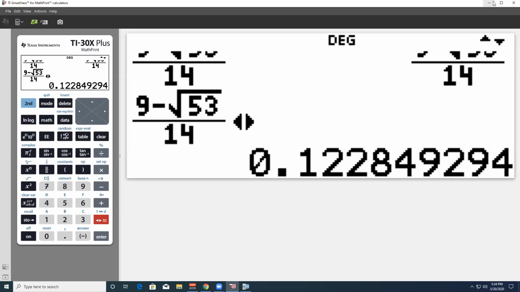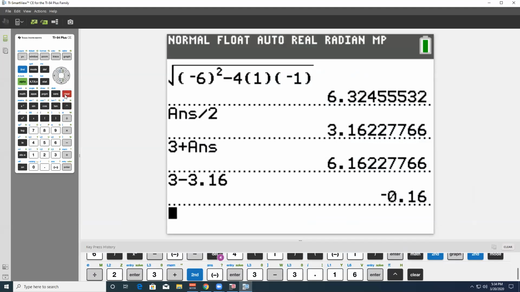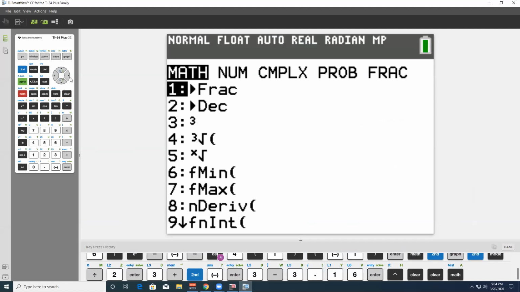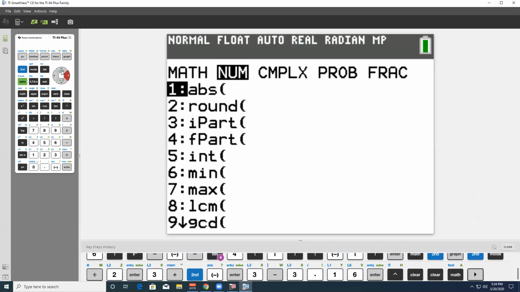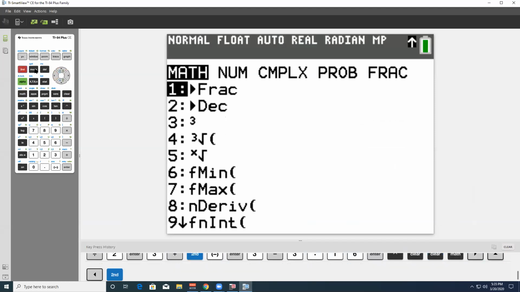Okay. Now stop sharing that and go to graphing calculator. Let's hit clear, clear, clear. Okay. So your graphing calculator, if it's one of the new 84, should have this button. Go to number, hit up, and right there, N over D. If I did that too fast, let me do it again.